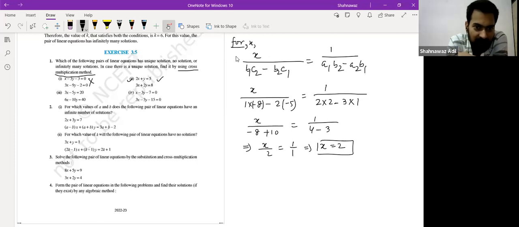Because you see, here you have numbers as the coefficients, right? But if you don't have numbers, and you have a minus b or a plus b or something, then this method is very useful. Okay, so noted. Yes, sir. Okay, so let us do the y part.